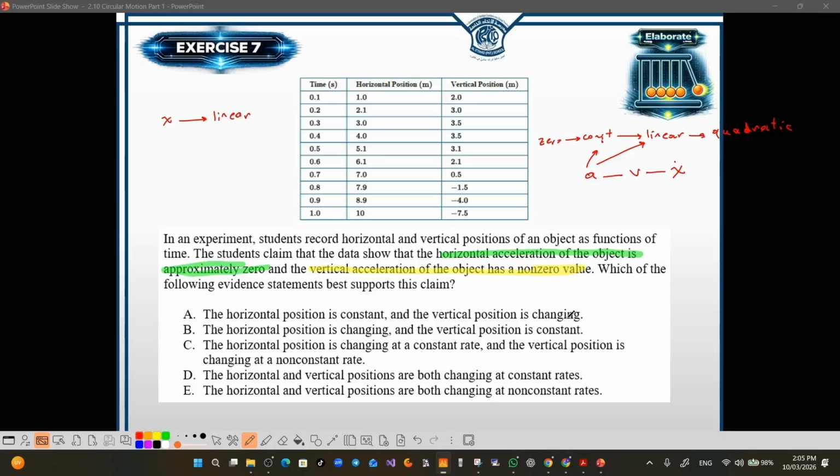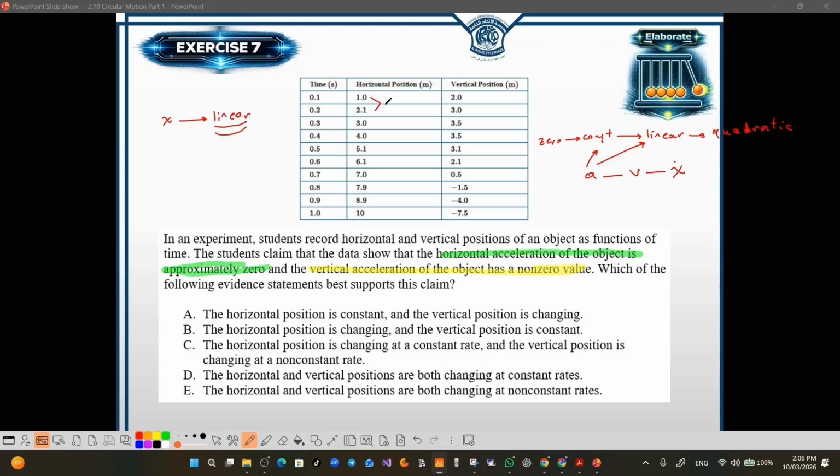Okay, so let's evaluate what is going on with the horizontal position. If it's linear, then it will increase or decrease in a constant way. For example, every second, the position will increase by 1 or by 2 or by 3, but this value will be fixed. So let's find the difference now, because if the first difference is the same, then this could be linear.